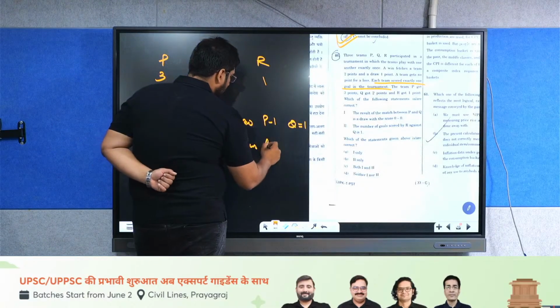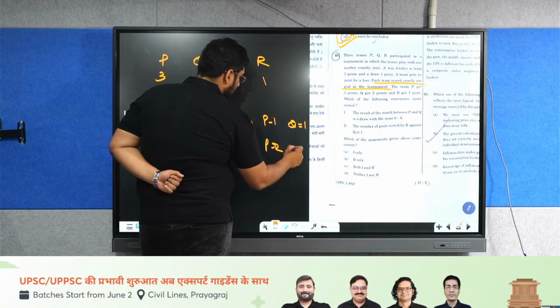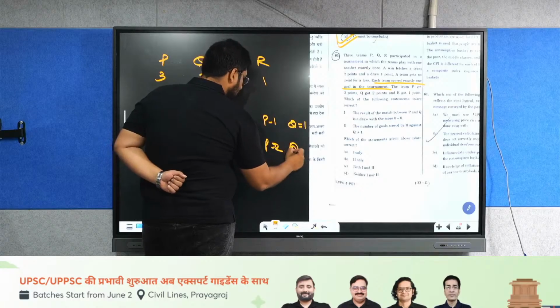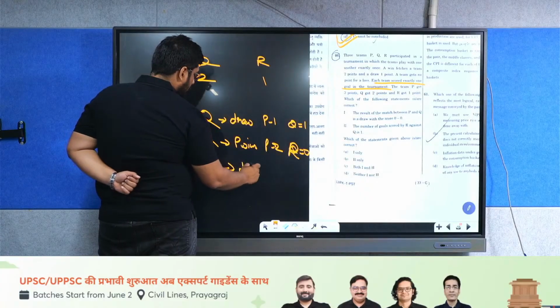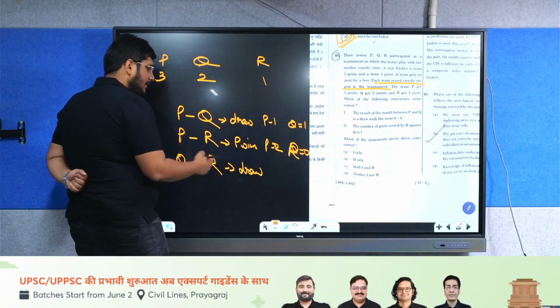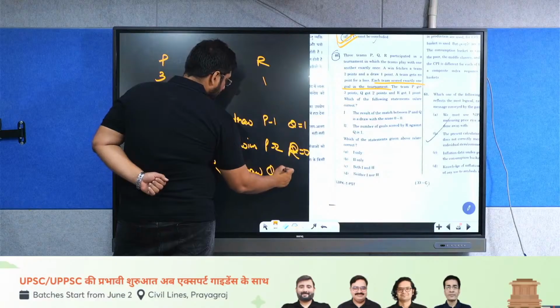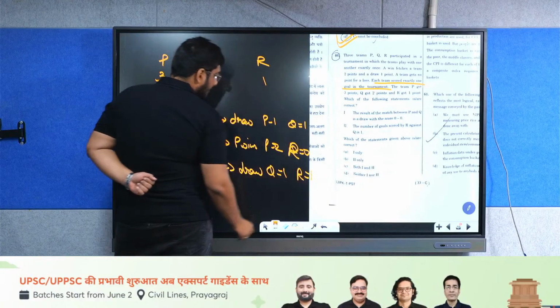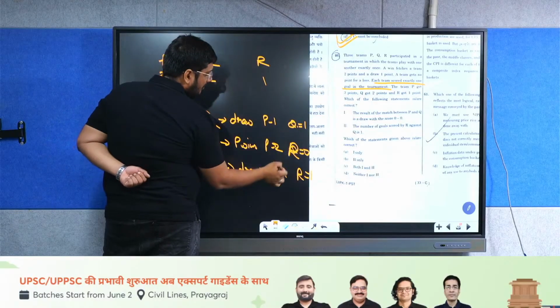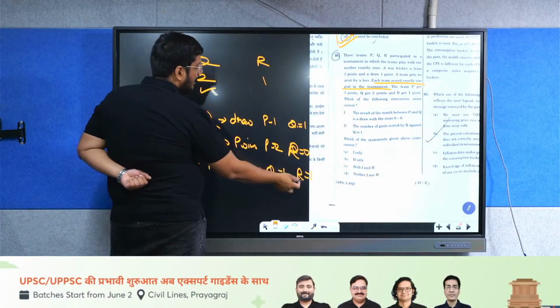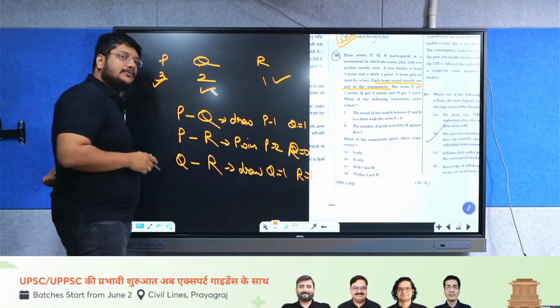That means P got 2 points, R got 0. Q and R also result in a draw. That means Q got 1, R got 1. Tally for P would be 1 plus 2, 3. Tally for Q would be 1 plus 1, 2. Tally for R would be 1. Okay, this is being satisfied.